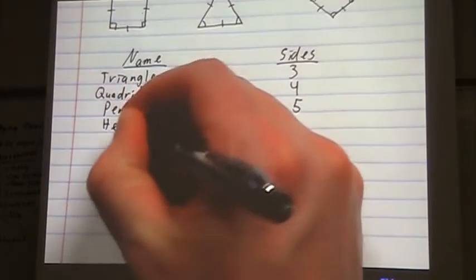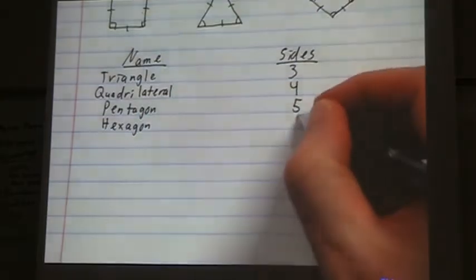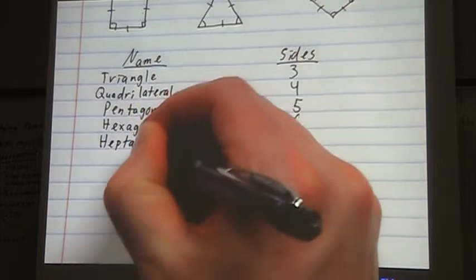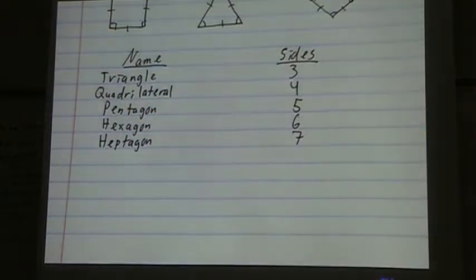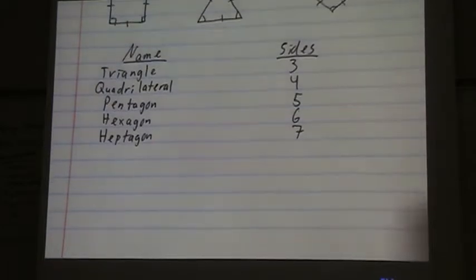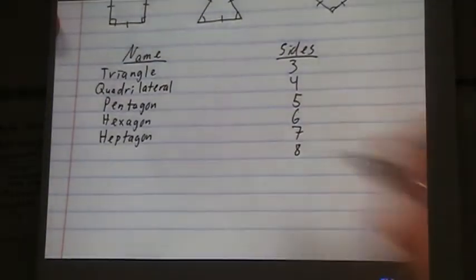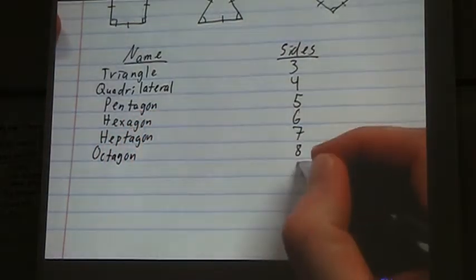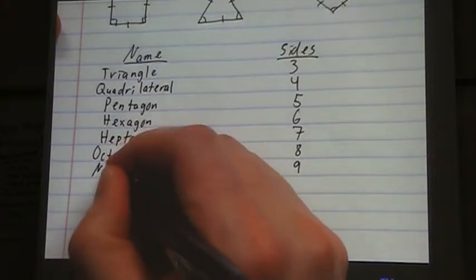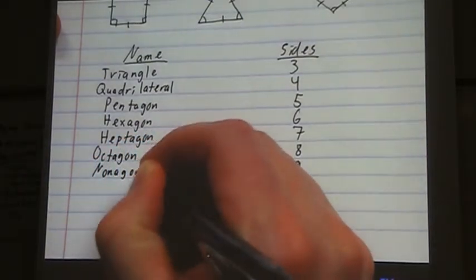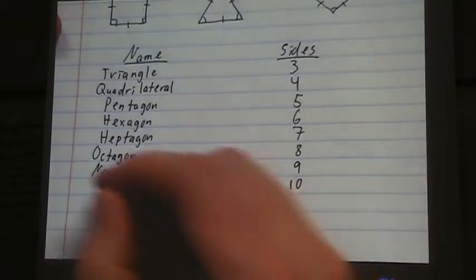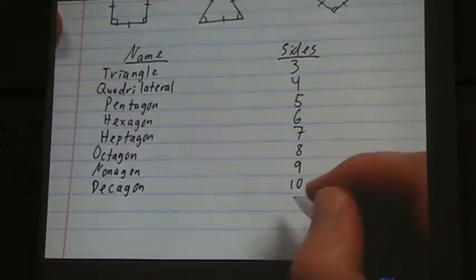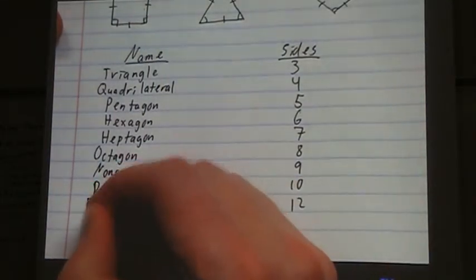Hexagon, 6, and heptagon, 7, 8-sided, octagon, 9-sided, nonagon, and 10-sided, decagon. You might see a 12-sider, that'd be a dodecagon.